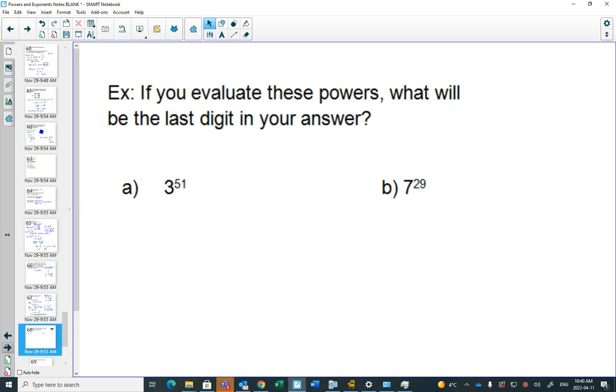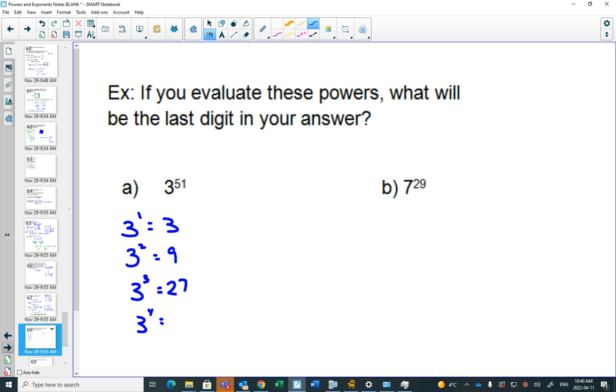So the way that we would figure this out is we would look for a pattern. The E means times 10 to the 24. Now, if you did 3 to the 1, you get a 3. If you did 3 squared, you get a 9. 3 cubed, you get a 27.